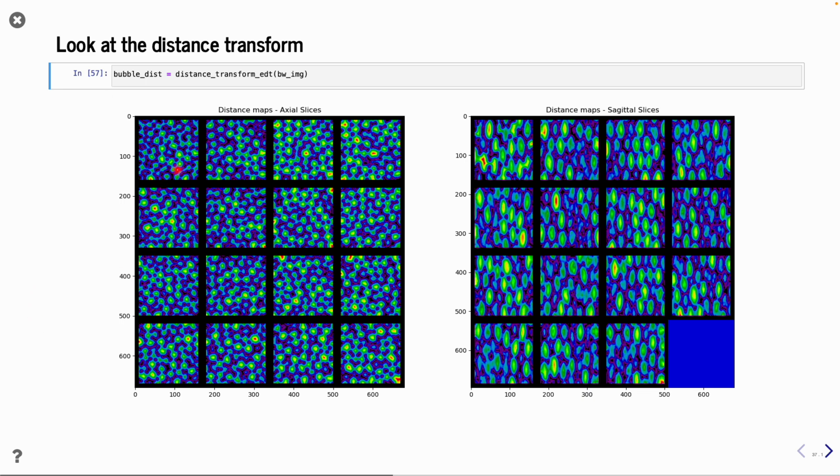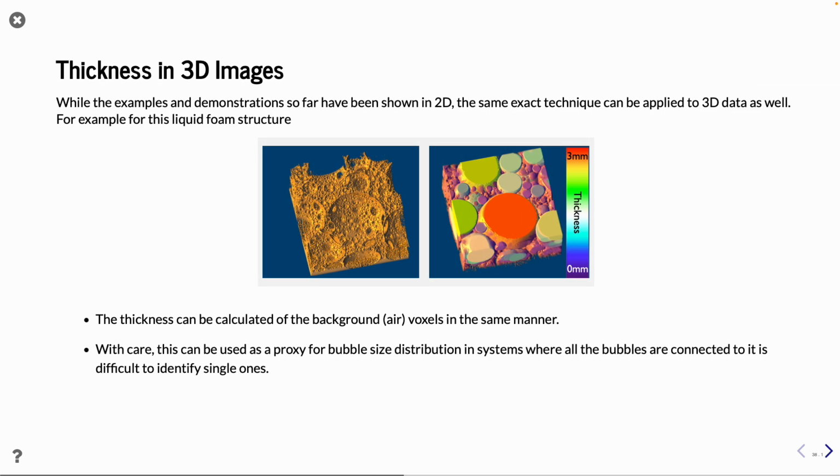But now we have our objects, we compute the distance maps, and you can see again how it is in 3D. Actually, you see the shapes much better in this way. Then we can also look at the thickness map. This is some kind of foam. I think they did cafe latte foaming and looked at the bubbles in that.